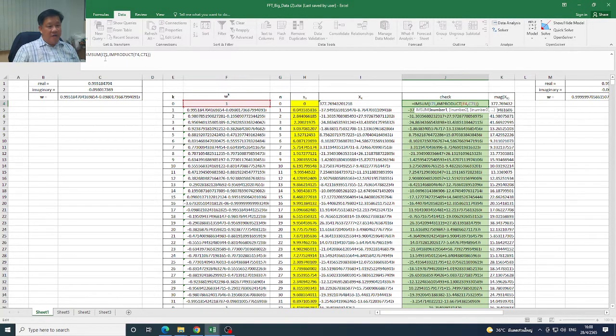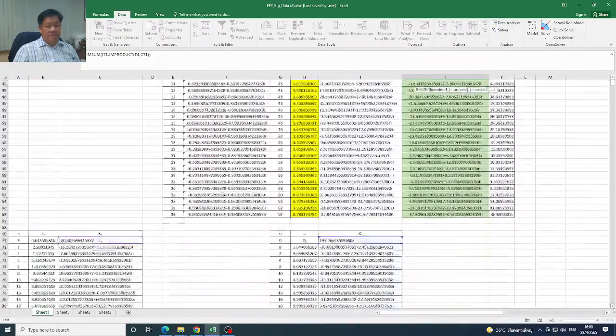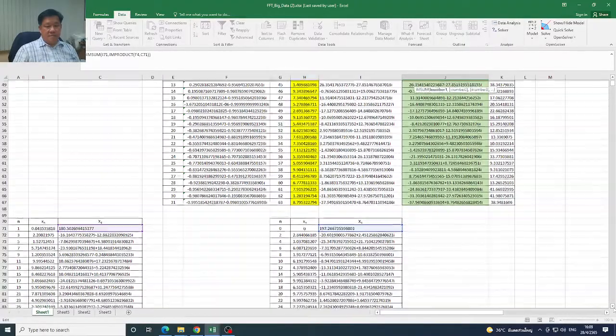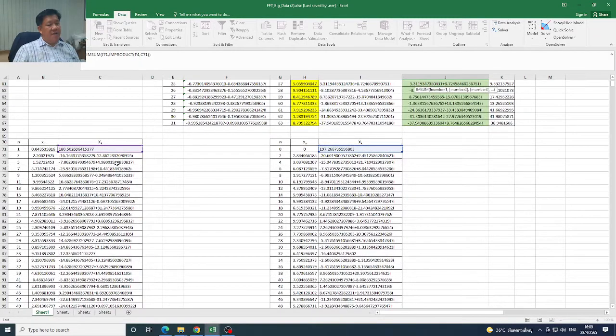You know the location of I71 and C71? Here is I71, and this is C71.